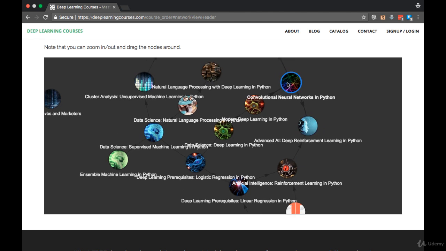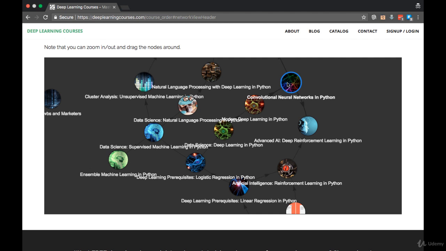But as we know, in order to build a CNN, we have to know how to build a regular neural network, which means we have to know what a neural network is and why it's useful, and so on. So in deep reinforcement learning, these two paths converge. You combine your knowledge of both reinforcement learning and deep learning in this course.